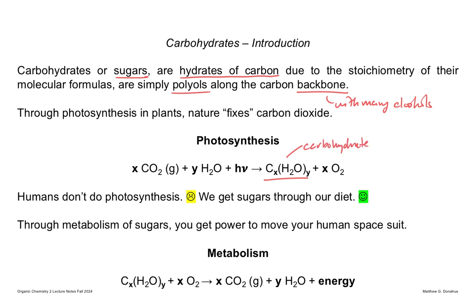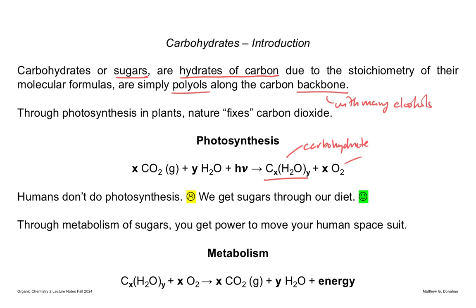For every X carbons, if you take out the H's and the O's as water, you get Y waters for X carbons. And then you get oxygen produced. So that's why it's good to have trees around. They scrub the CO2 and produce oxygen that we breathe.